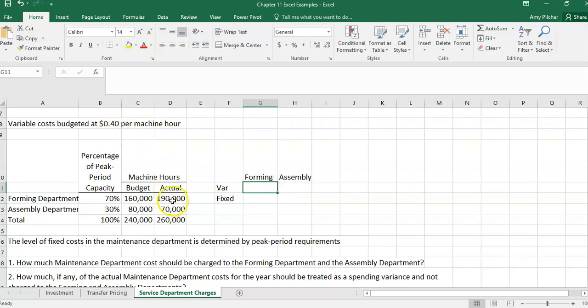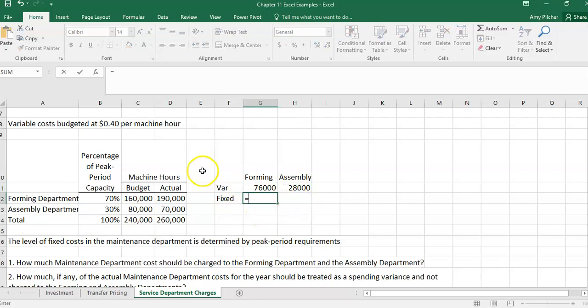In the forming department, we have 190,000 machine hours times 40 cents. And in the assembly department, we have 70,000 machine hours times 40 cents.